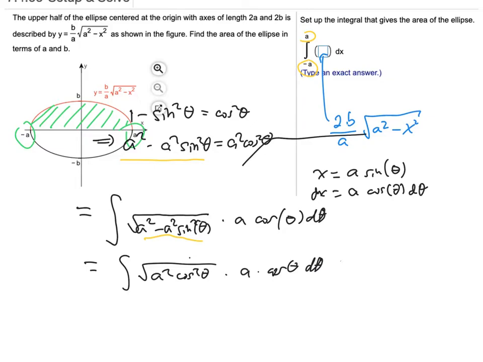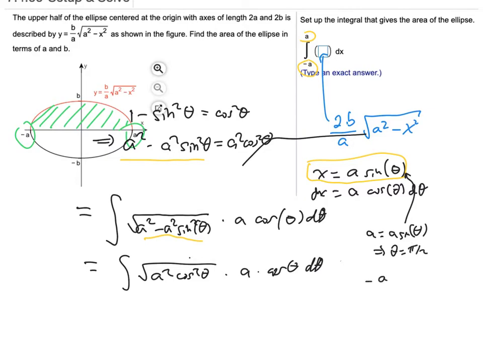So if I go back to the substitution, I can give some thought to the two cases. When is x equals a, in other words, when is a sine theta equals a? That will happen when theta is pi over 2.